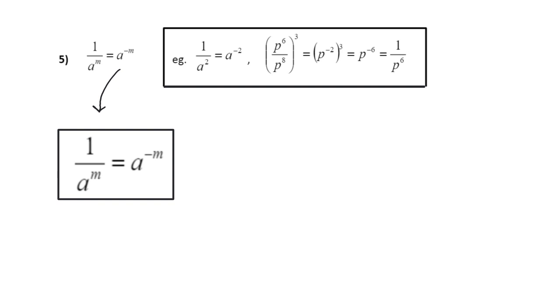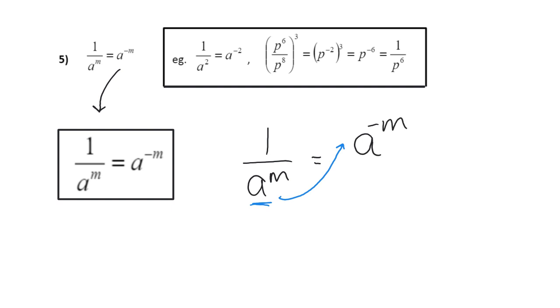There is a step in the middle that's a little missing. What we're doing is changing that 1 over a to the power of m, and we're bringing the a to the power of m to the top. At the moment, the a to the power of m is a denominator. We're going to bring it to the top, and that's what allows us to change the power to a negative.